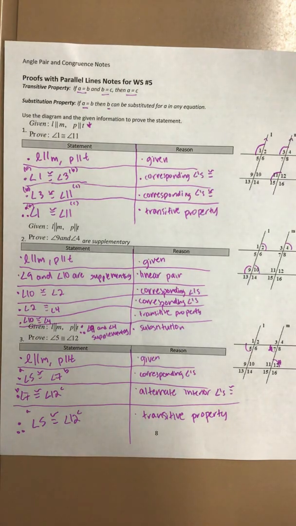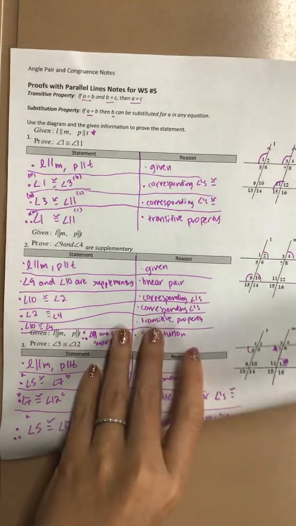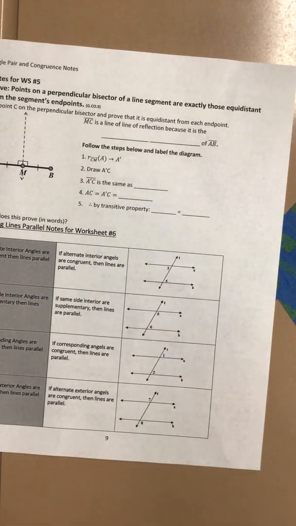We do have one other thing on the back. It's just one last thing. It says, prove that the points on a perpendicular bisector of a line segment are exactly those equidistant from the segment's endpoints. So put point C on the perpendicular bisector and prove that it is equidistant from each endpoint.